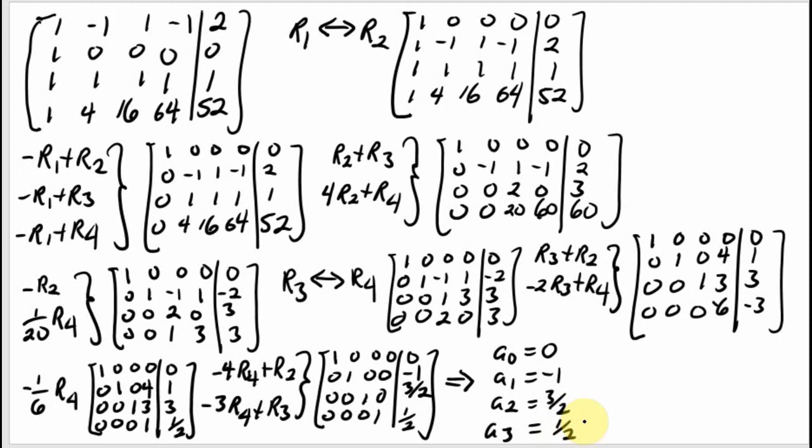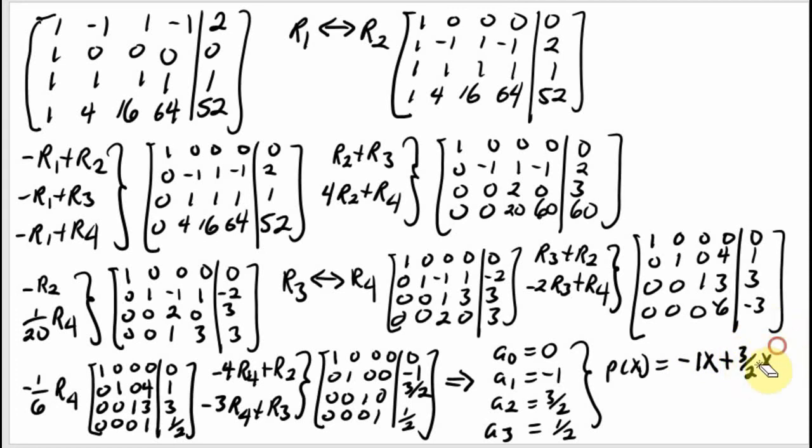Okay. So let's see how that looks in terms of the polynomial. P of x is equal to, so we have that A0 is 0, so then that's negative 1 times x plus 3/2 times x squared.